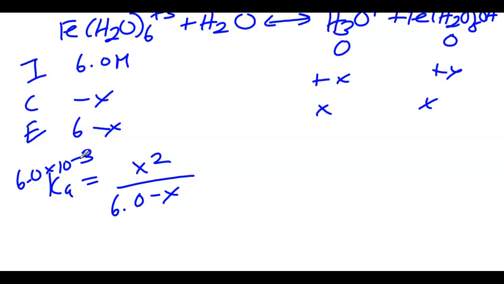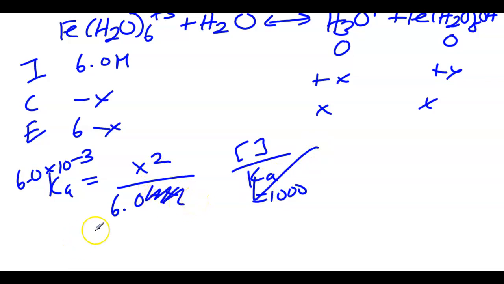And then, of course, we check the 100 rule. Let me just grab my calculator. In checking the 100 rule, to remember how we do that, you take your initial concentration and divide by your Ka. Funny enough, this actually works out to be exactly 1,000. So we are going to get rid of that X, and essentially our Ka is equal to X squared over 6.